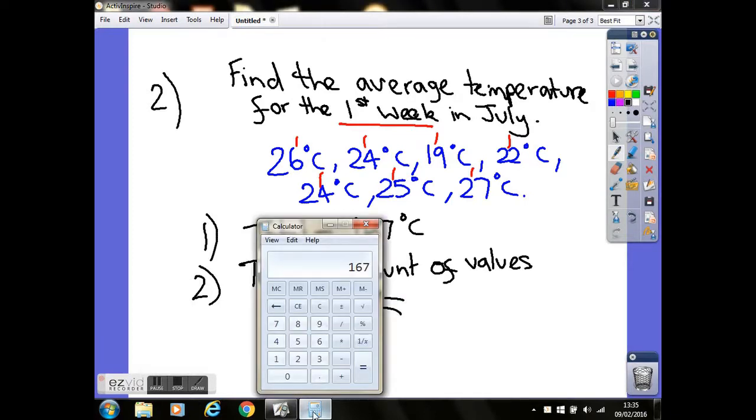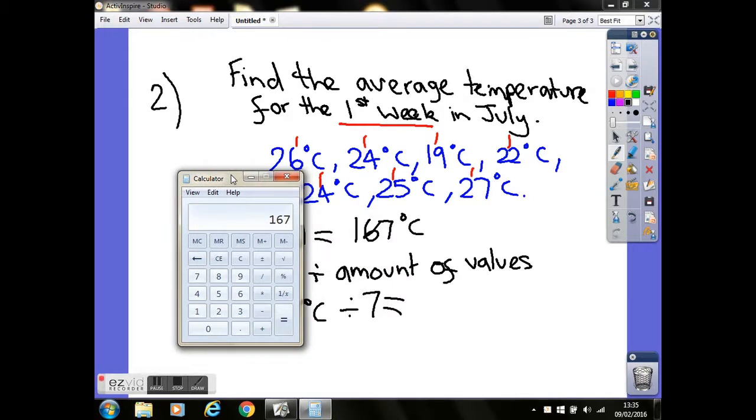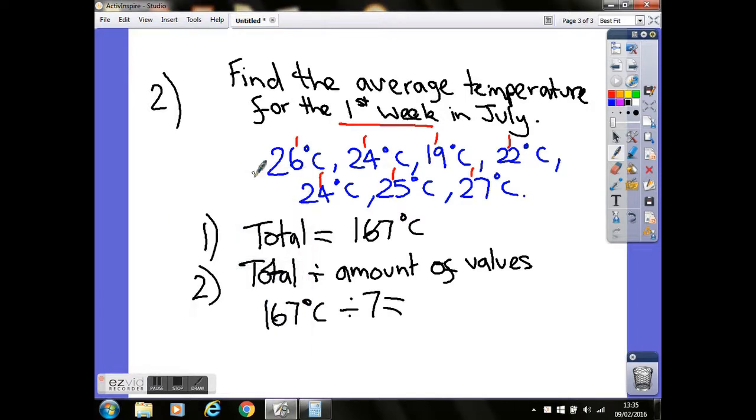So I'll bring the calculator back up. 167 divided by 7. So that gives you quite a long number, but don't worry if you get a long decimal answer like that. We normally just round to 2 decimal places. So that's going to give us an answer of 23.86 degrees if we round it.